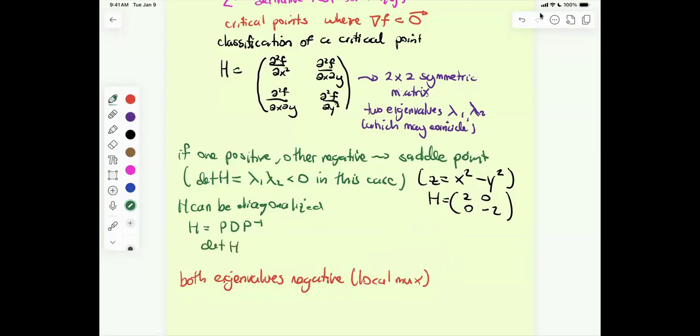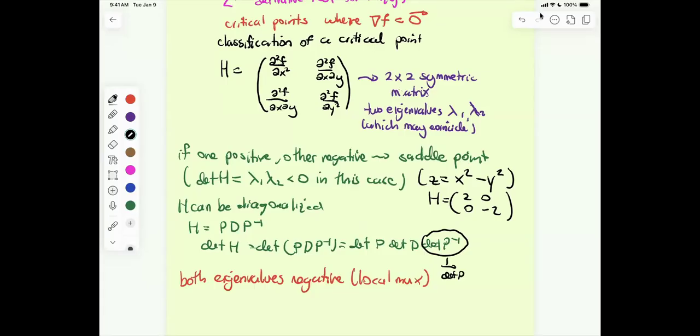The determinant of H would be the determinant of P D P inverse, but that's a product of determinants, right? The determinant of the inverse of the matrix P is 1 over the determinant of P. So the determinants of P cancel, and you just get the determinant of a diagonal matrix.